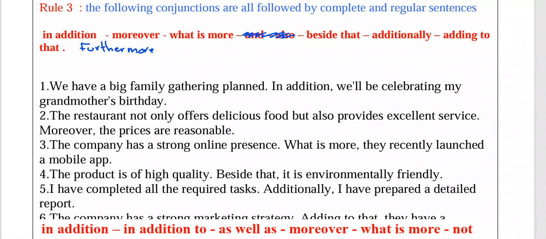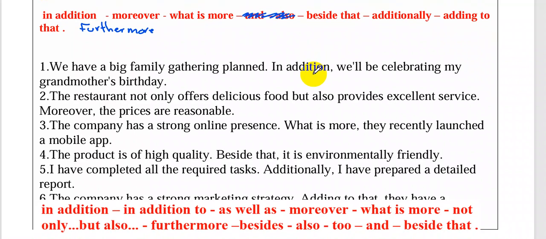Before we start explaining this list, let's agree upon a rule. What is the rule here? The rule is all of those conjunctions always come in the middle of the two sentences.